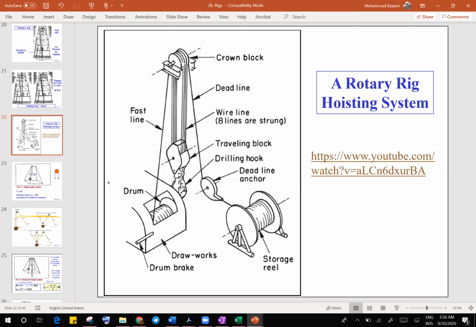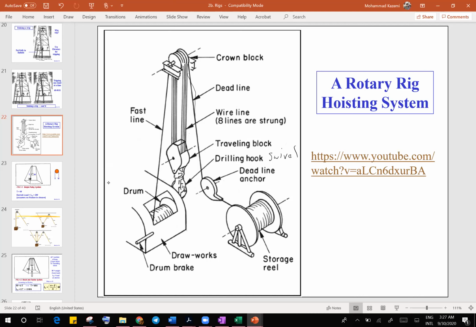Then there are a number of lines attached from the crown block to the traveling block, and the traveling block is connected to the drilling hook, and we call it swivel as well. The swivel lowers or raises the drill string system, and then there is a deadline. This deadline doesn't move. That's just for emergency purposes.